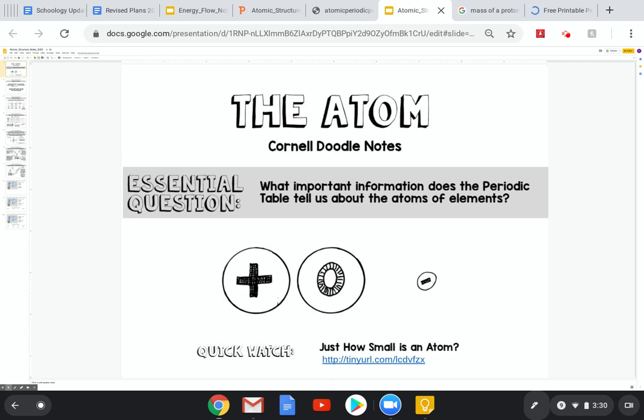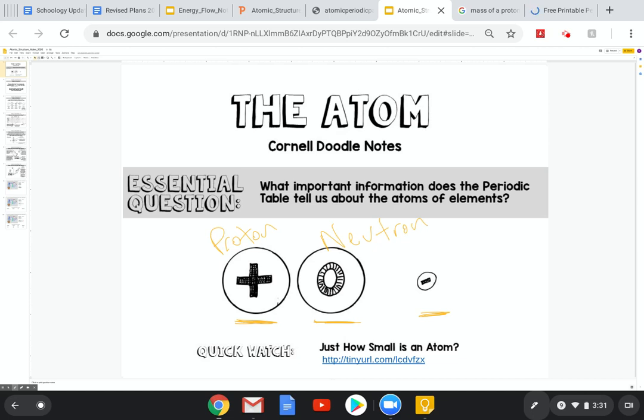The atom. So what important information does the periodic table tell us about the atom? So number one thing that we need to look at here is we're going to have three parts. We call them subatomic particles of an atom, and we'll get into them very, very quickly. But we have our positive one, which is going to be the proton. We have another similarly sized part of the atom, which is going to be our neutron.